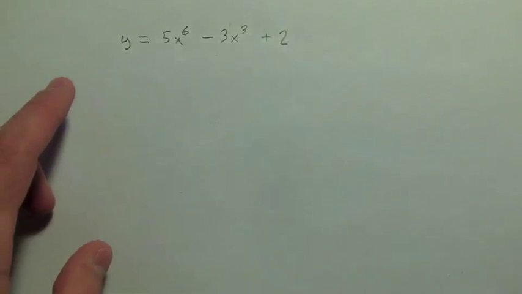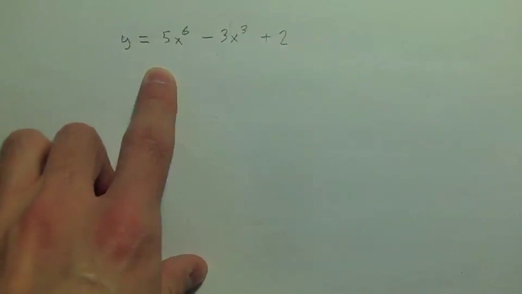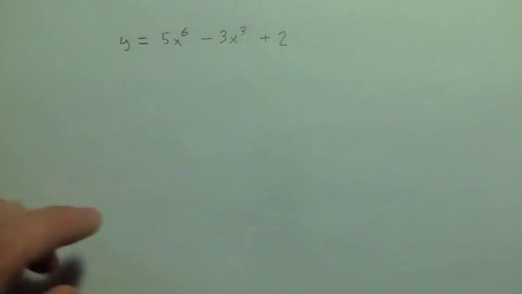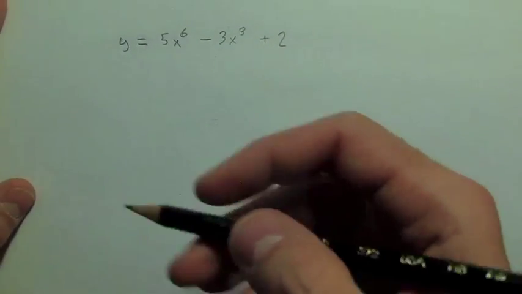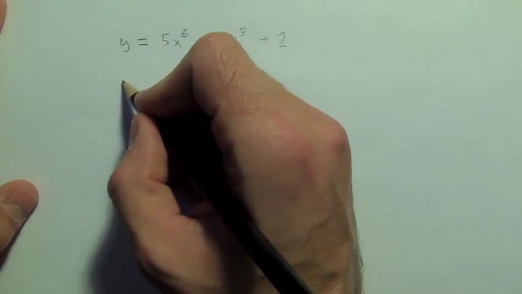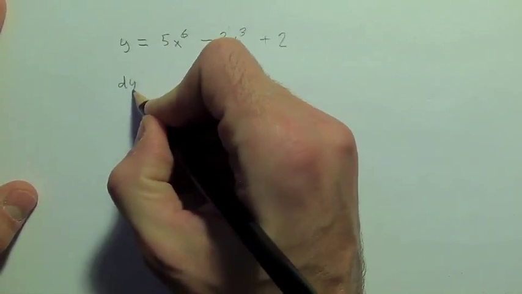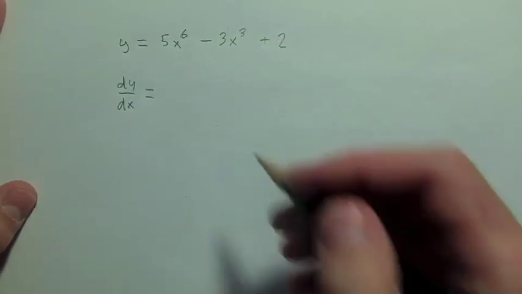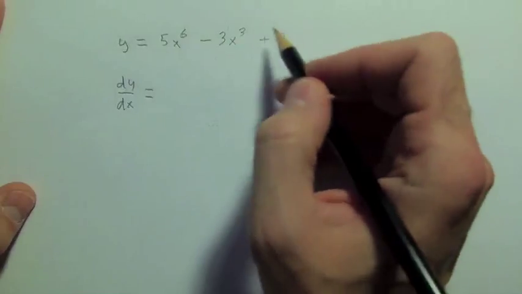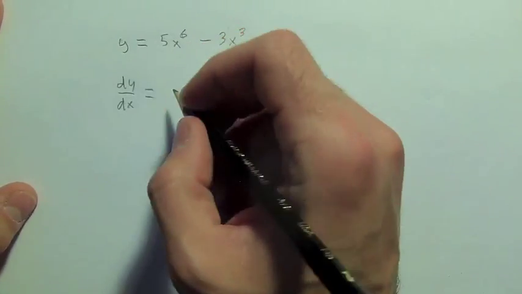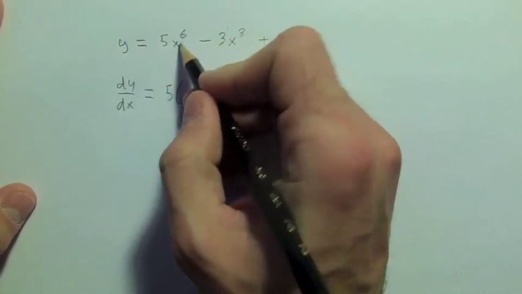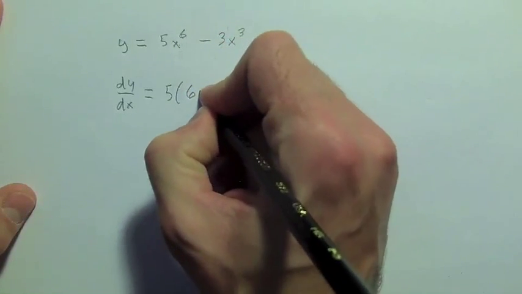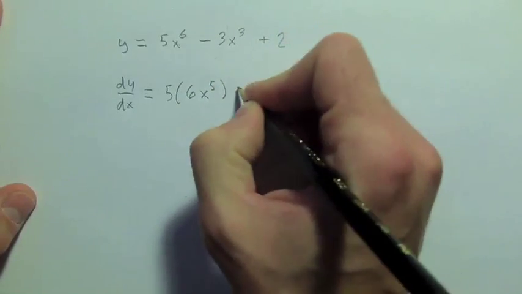Let's start with something simple. Let's say I have y equals 5x to the 6th minus 3x cubed plus 2. And I want to take the derivative. Now when I do that, what I'm going to write is dy over dx, and crank this out. So the constant is going to come along for the ride. So this will be 5 times the derivative of x to the 6th, so that will be 6x to the 5th.